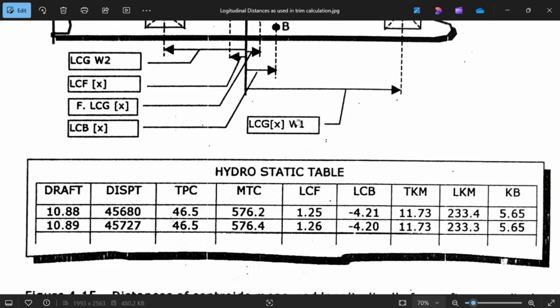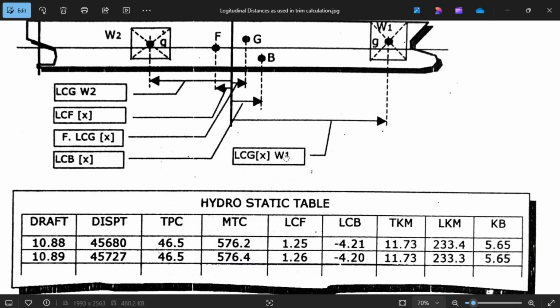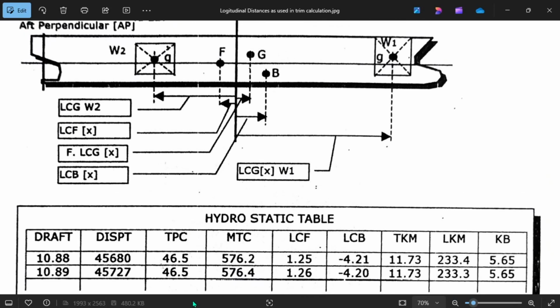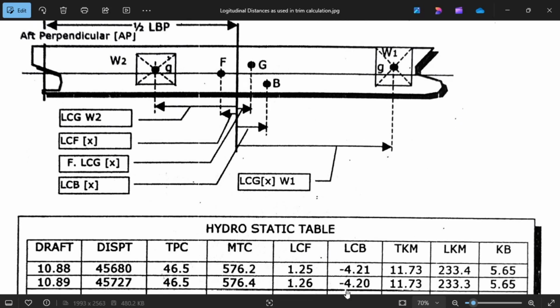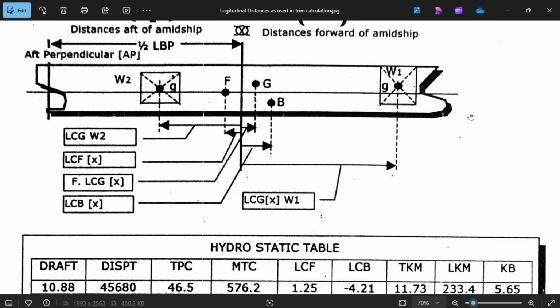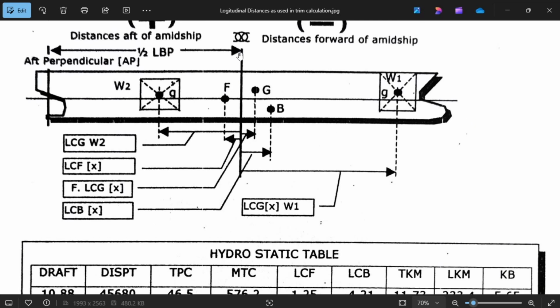Okay, so here, once you check your hydrostatic table, you have a graph here, you have a distance, TPC, FTC. But look at your LCF and LCB. LCF is positive, which means your LCF is behind the midship going backward.